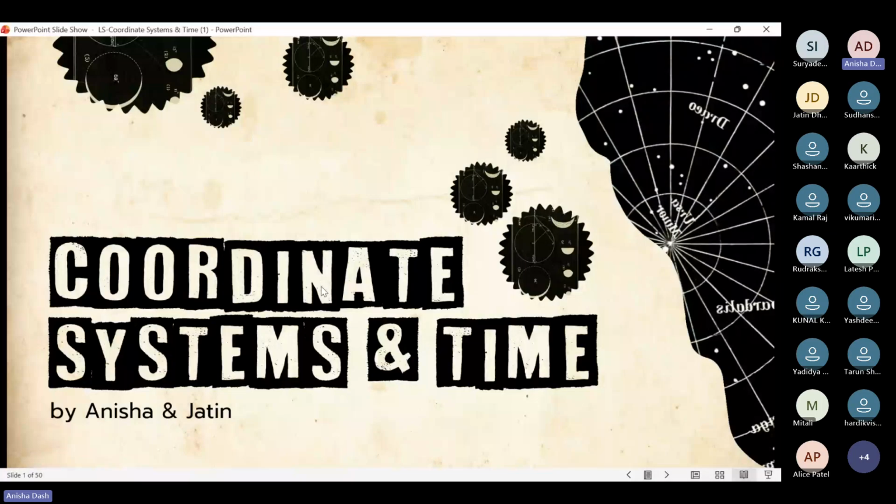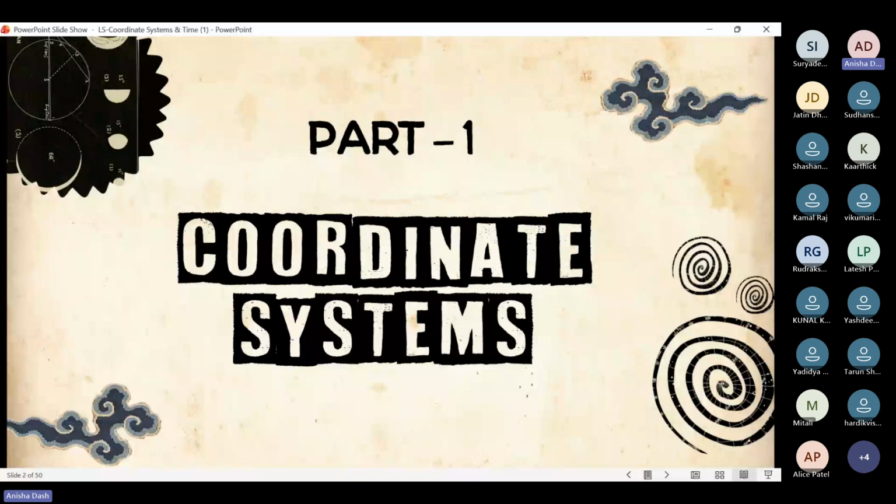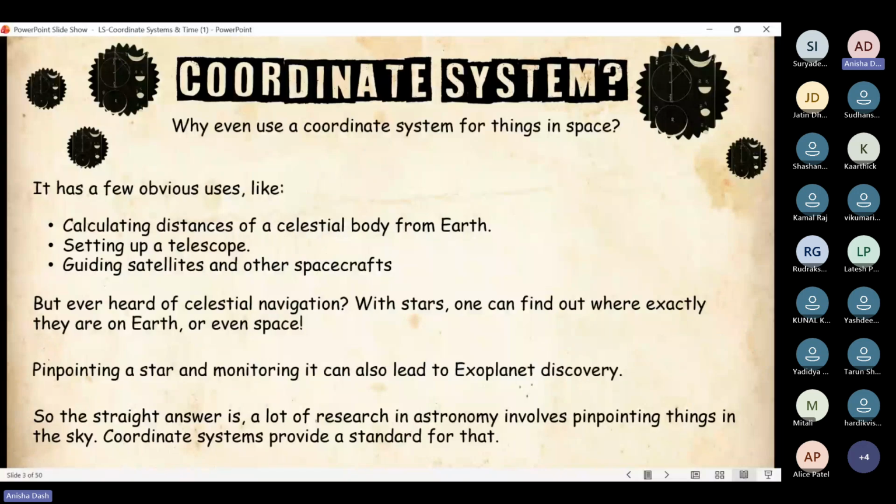The first question that arises is why use a coordinate system for things in space? Let's look at some examples to answer this. Say you want to find the distance of a star from the Earth. For that, you need to observe the star over some time, so you need to know its specific location in the sky.